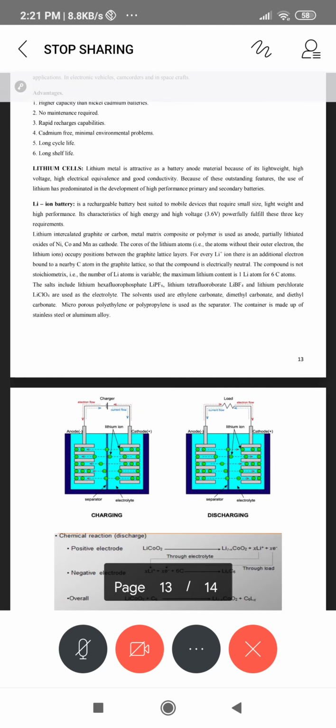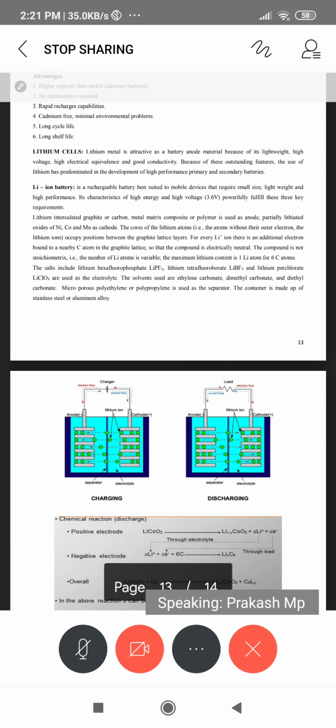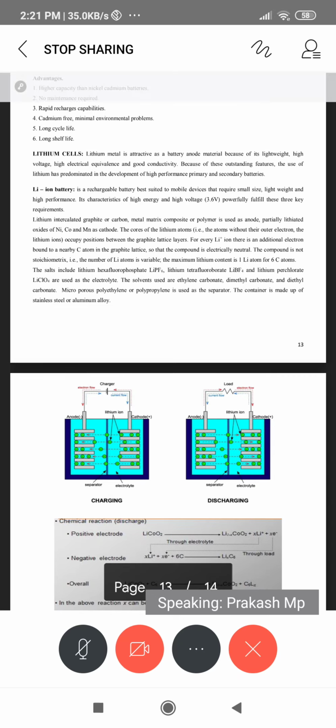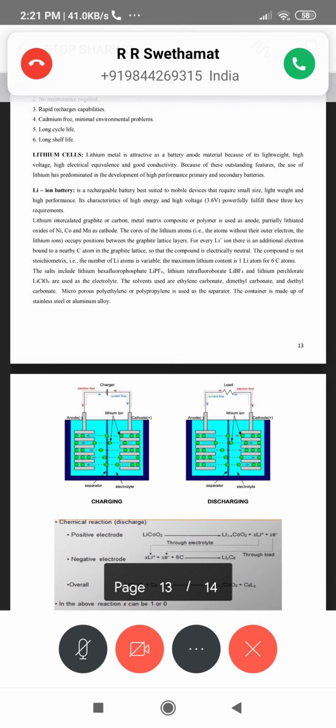This is at the time of discharging. While recharging, lithium cobalt oxide becomes Li 1 minus X cobalt oxide. The carbon rejoins with lithium to form lithium carbide, and whatever excess electrons are joined with that.